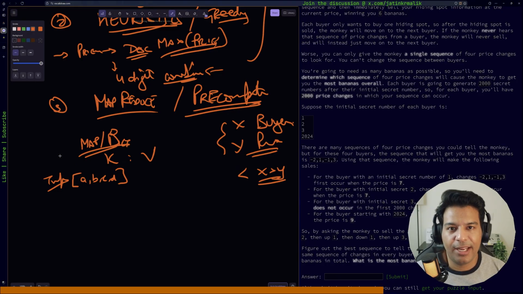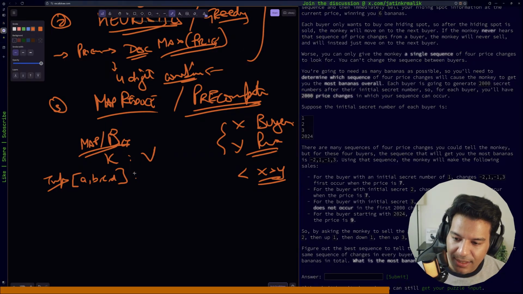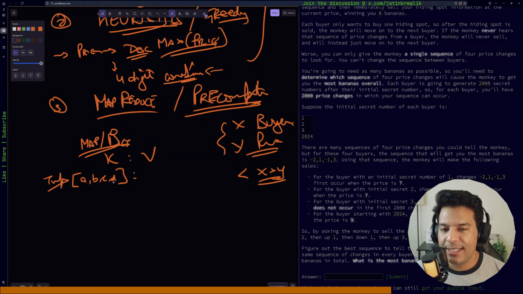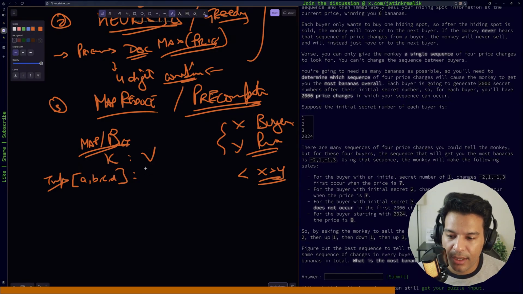It can very well be like a CSV that we split, but you get the point. Once we have a sequence, we run through all the buyers and store the maximum value that we can get.